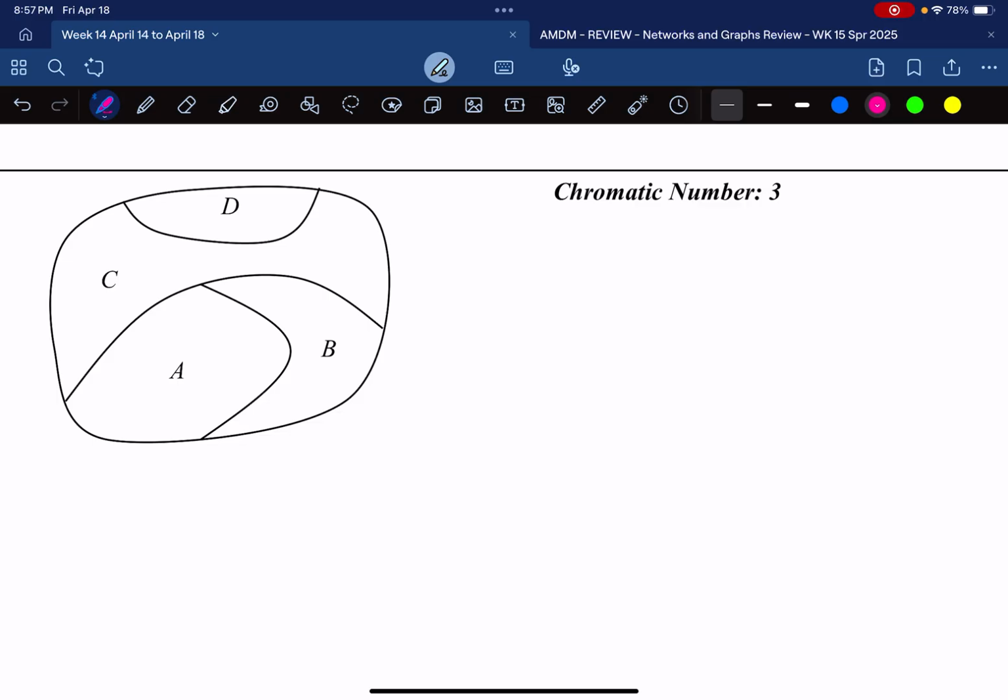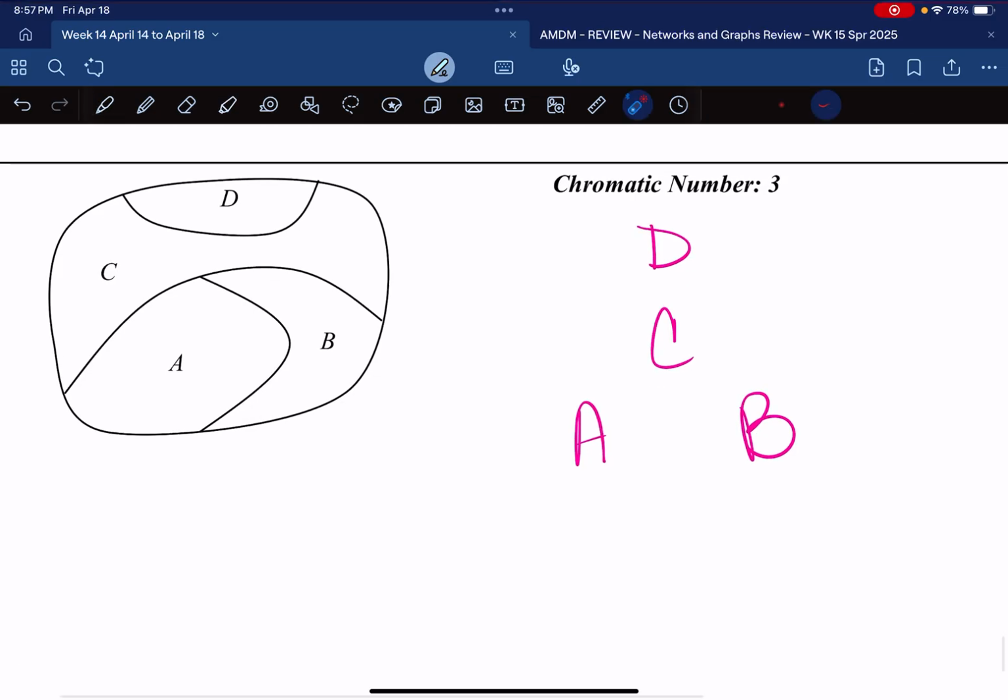But I can see here, D, C, A, B. D shares this big edge with C. So I'm going to connect D and C. C, right here, shares an edge with A. So C can go to A. C continues over here and shares an edge with B. So C needs to connect to B. Right here, A and B are sharing an edge, so they will connect.